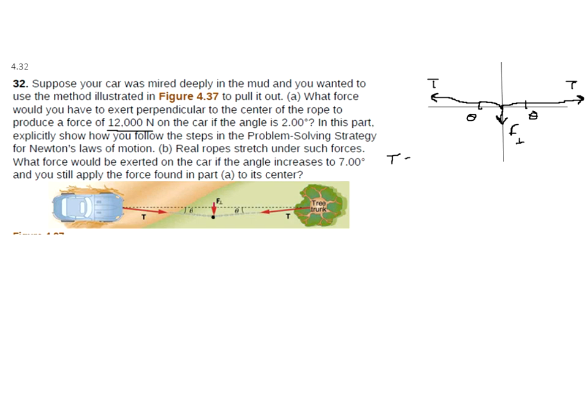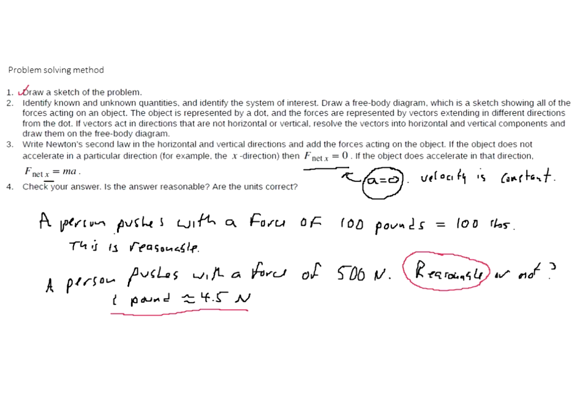Initially, it says you need to produce a force of 1,200 newtons. So that's saying that tension is equal to 1,200 newtons, and theta equals 2.00 degrees. So pretty precise here. Okay, so the problem says show the problem-solving steps.